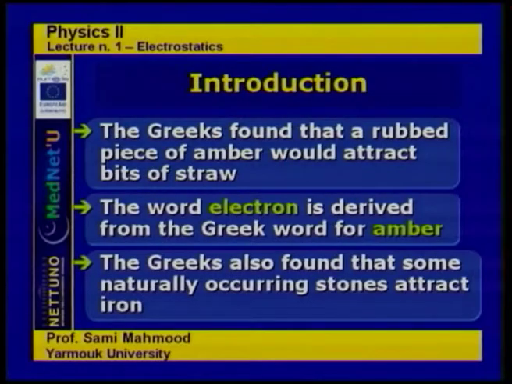The Greeks also found that some naturally occurring minerals and stones do have the ability to attract pieces of iron. And thus, the concept of force was there in both electrified objects, such as amber rubbed by a piece of cloth, and the forces are also existing in naturally occurring minerals and rocks.